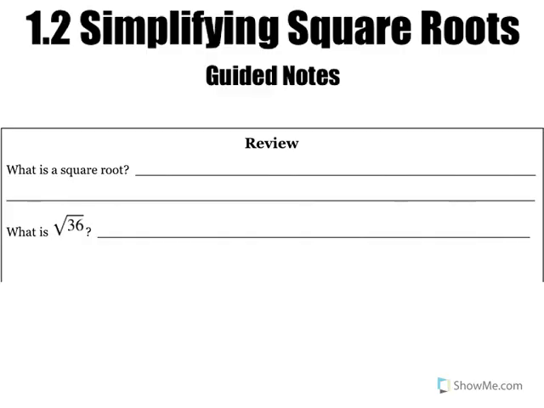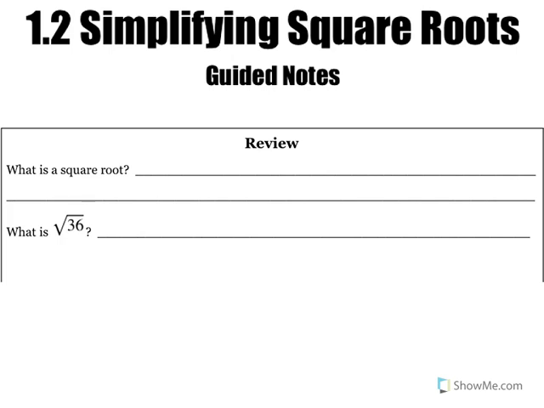So just as a review, let's look at what is a square root. With a square root, we're really looking for a number that can multiply by itself to equal the number underneath the square root.